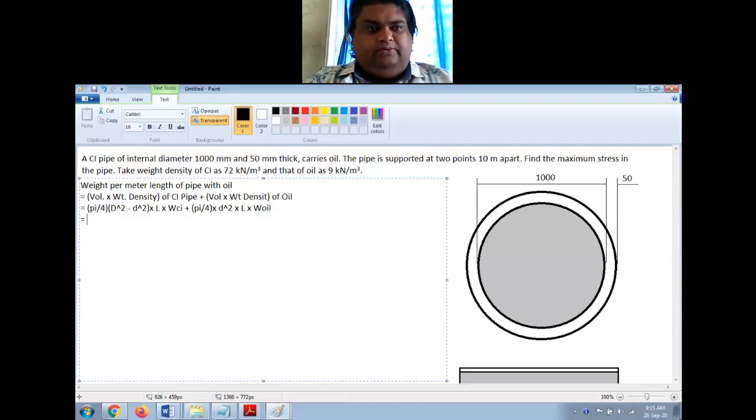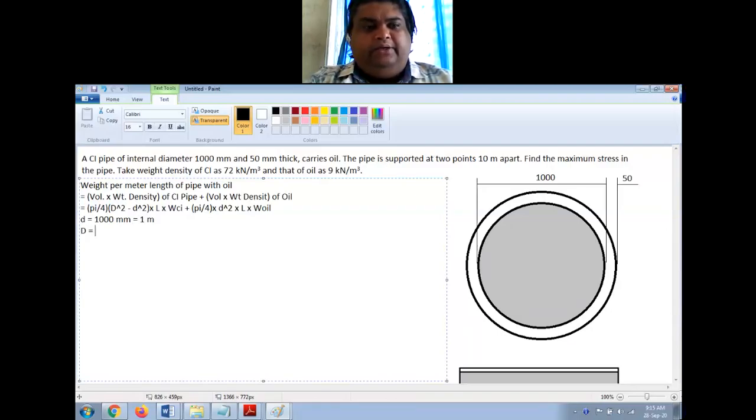Now let us substitute the values. Before that, let me calculate D and d, right? So now see, this weight is given in kilonewton per meter cube. So better we substitute the diameters in meter, right? So now d is equal to internal diameter, which is 1000 mm, which is 1 meter, right?